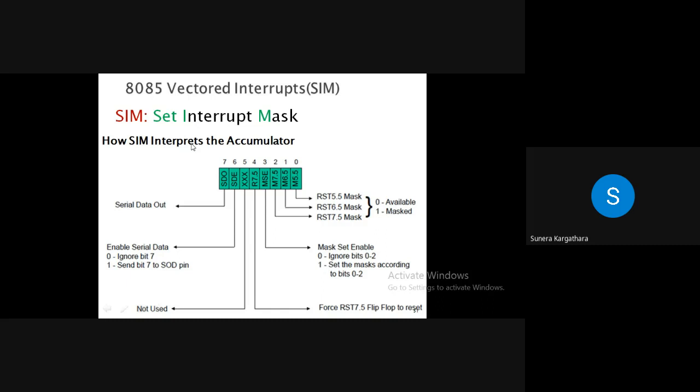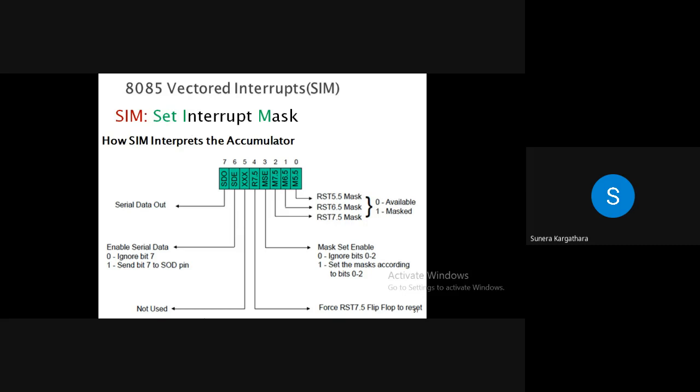The ultimate meaning of the SIM instruction is that we are setting, that means we are writing some pattern, and depending upon that, the processor will understand how many interrupts are available and how many are masked.